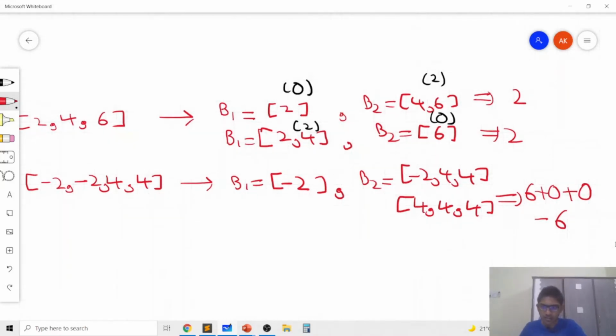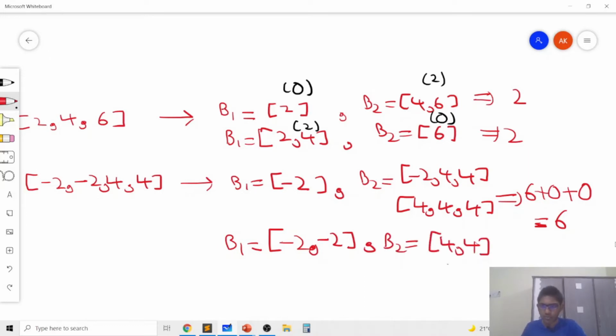But this is not optimal because there's another partition. So this is optimal when you assign B1 to only contain one element. But if B1 contains more than one element, for example -2, 2, and if B2 contains the remaining elements, which is 4, 4, this means that the cost is 0, so the answer is 0, and that's why 0 will be the output.